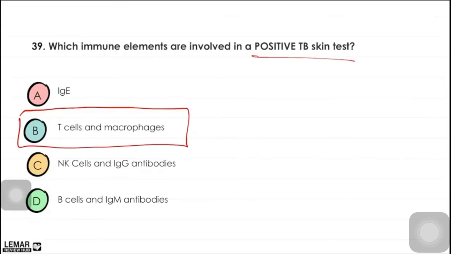So immediate hypersensitivity reaction is caused by molecules released by the mast cells when an allergen interacts with the membrane-bound IgE.